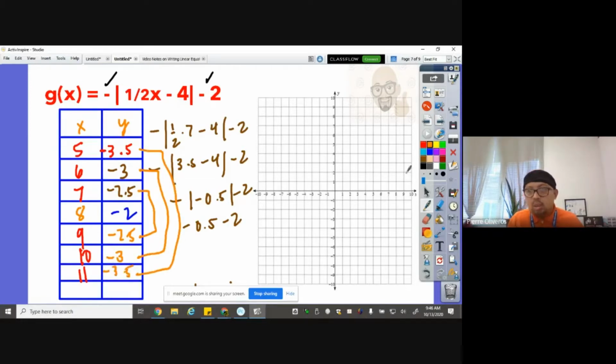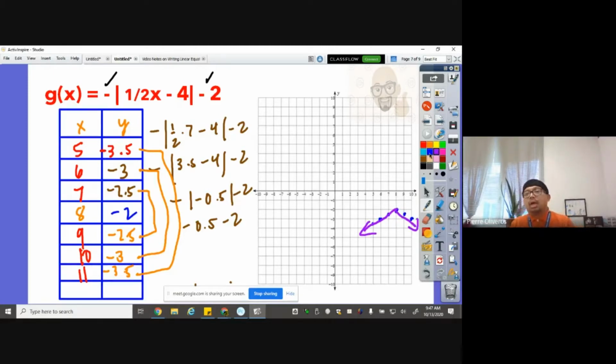Okay, so when you graph it, let's start with the vertex. 8, negative 2 is right here, and then 9, negative 2.5, so it's going to be lower here. 10 is negative 3 here. I don't have space for 3.5. Reflection, reflection, reflection. So the graph will be something like this.